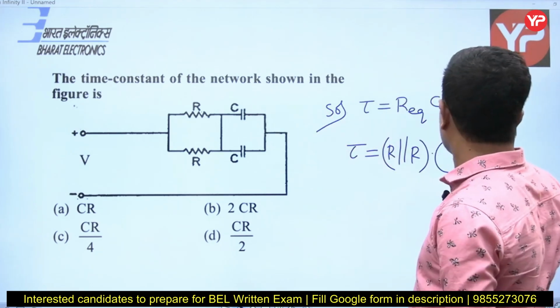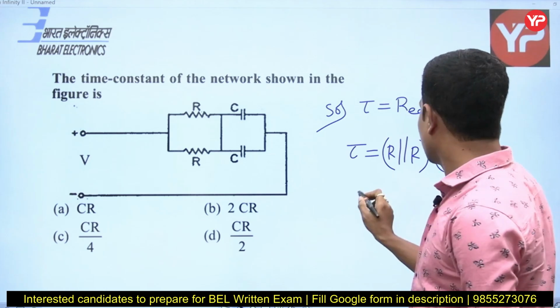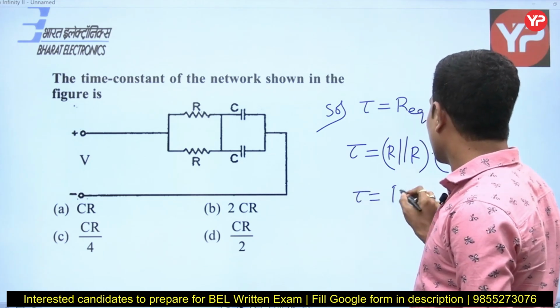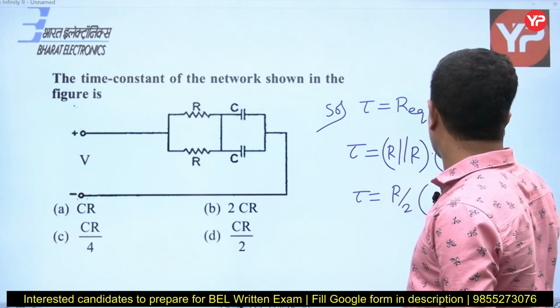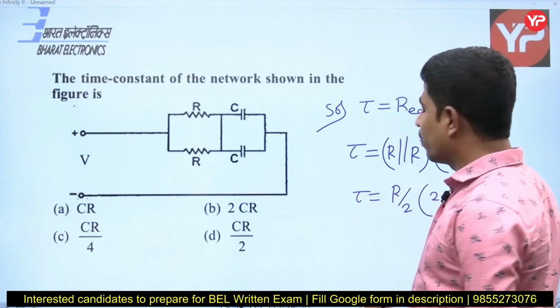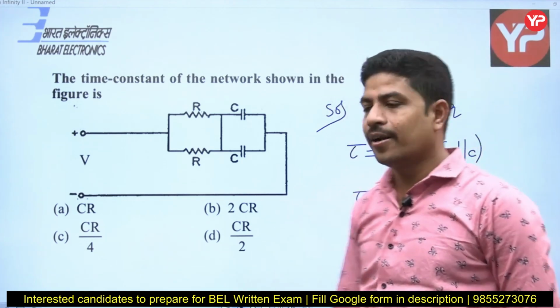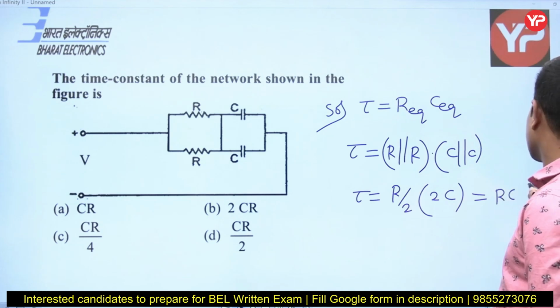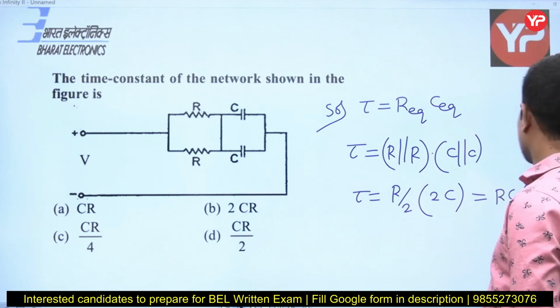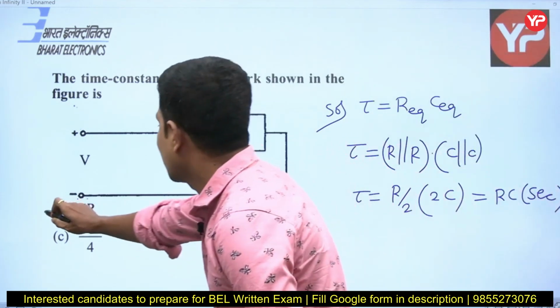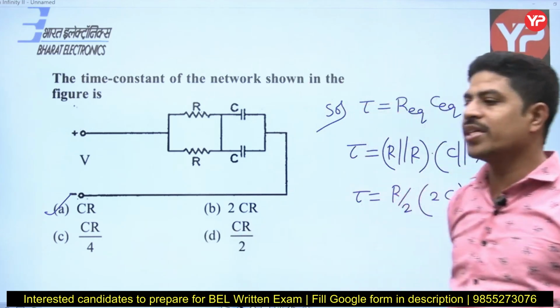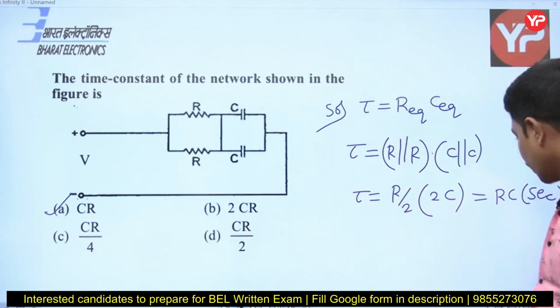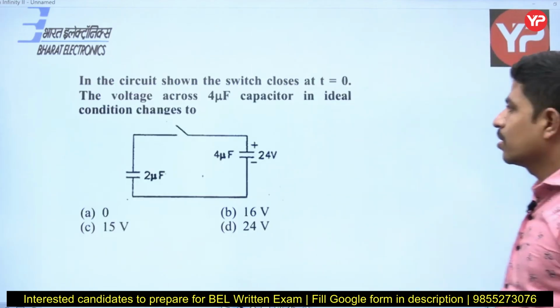C in parallel with C. R in parallel with R is R by 2. C in parallel with C is 2C, because capacitances in parallel add. So 2 gone. How much is it? R into C seconds. Yes, RC only. Option is A. Right? Let's go to the next question.